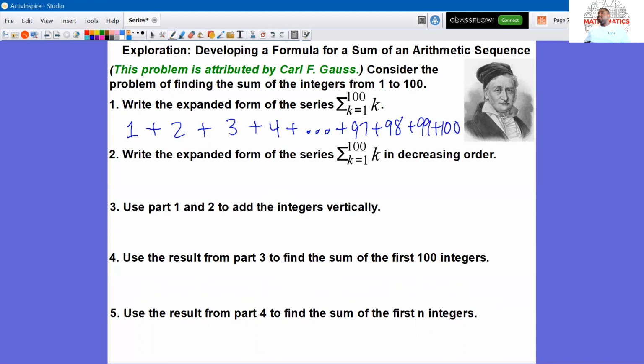Okay, so that's the expanded form. And then part 2, they want us to write the expanded form of the same series, but in decreasing order. So that's 100 plus 99 plus 98 plus 97, and then 4, 3, 2, 1.